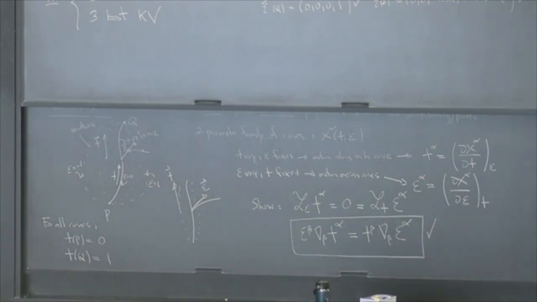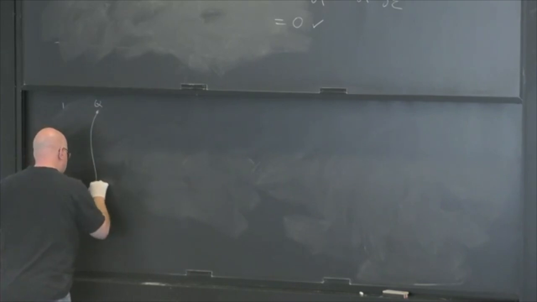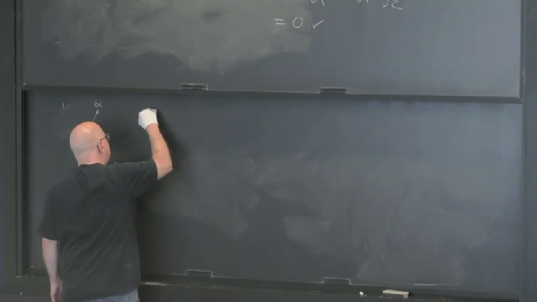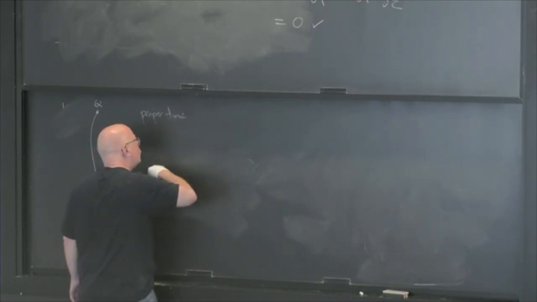Okay, so let me reintroduce the diagram here, and I'll just talk about the reference curve for now. So we have Q, we have P. And what I want to do here is to use the interval of proper time between those 2 points as my action. Well, how do we define proper time?